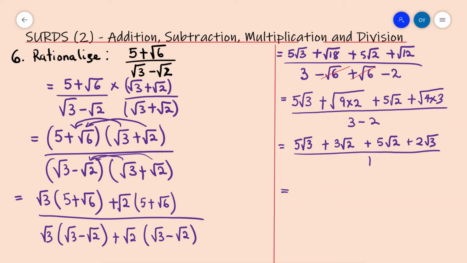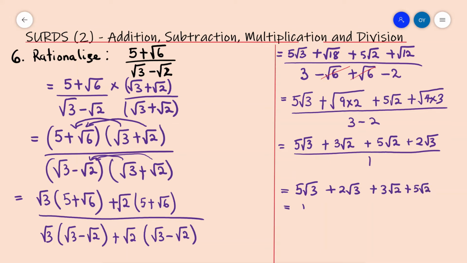Okay, so this becomes, we can collect like terms, so we have 5 root 3, then this is also the one with root 3, so that's plus 2 root 3, then plus 3 root 2 plus 5 root 2.